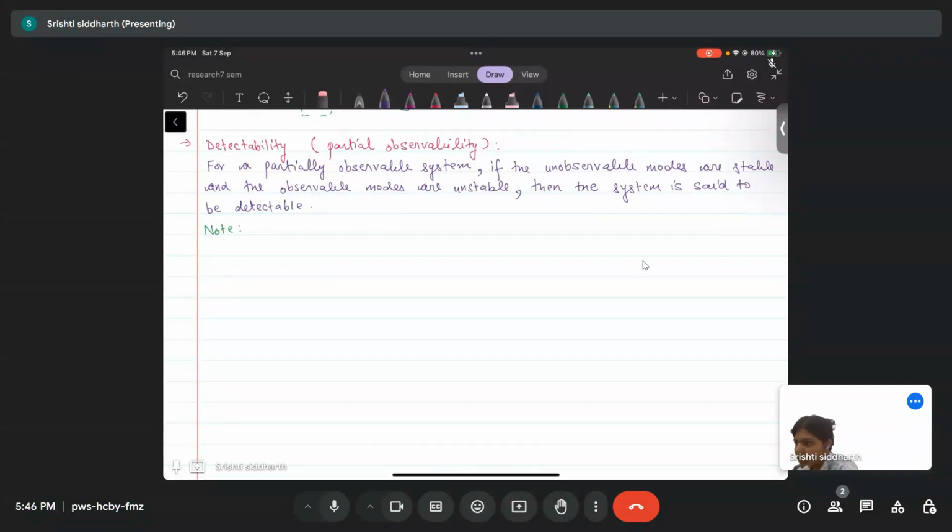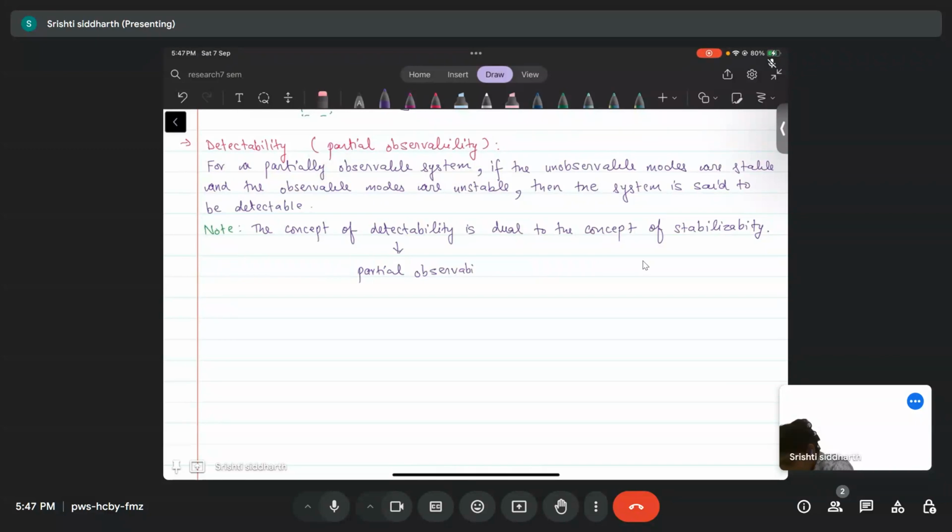So note that the concept of detectability is dual to the concept of stabilizability. So this talks about partial observability, and we're saying that this is dual to the concept of partial controllability.